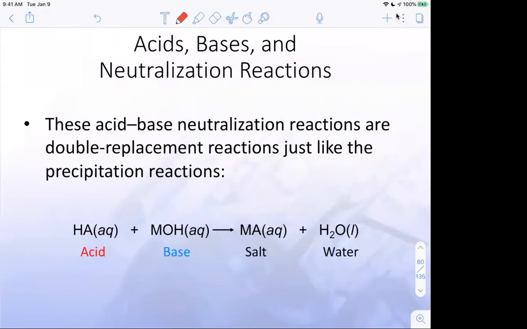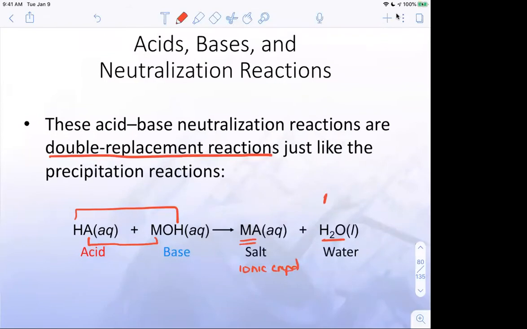Acid-base neutralization reactions are also double displacement or double replacement reactions, just like precipitation reactions. What I actually want to do is take the H and the OH together, and then the metal and the anion together. So this ends up being an ionic compound for the most part, which is a salt, and then I get water.